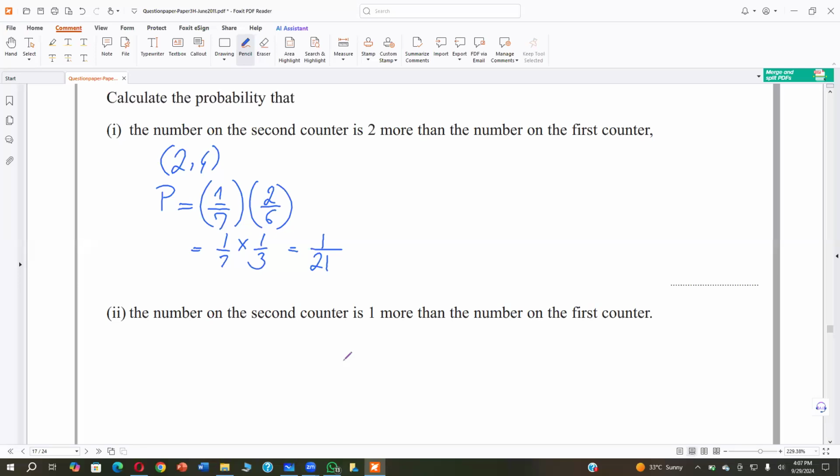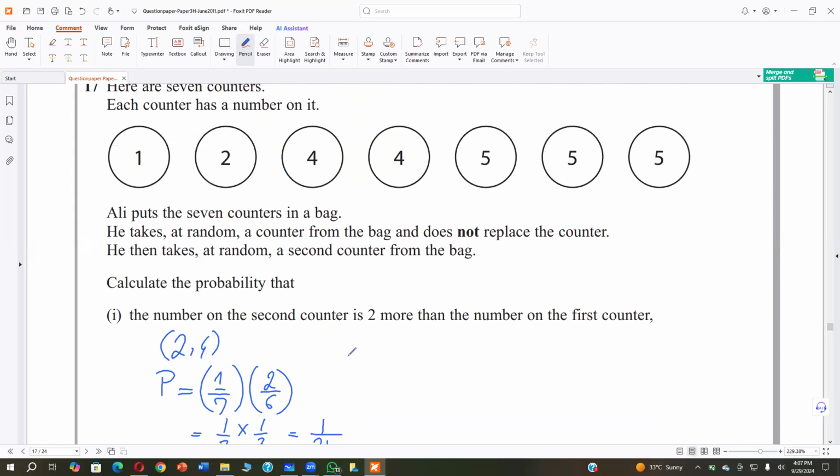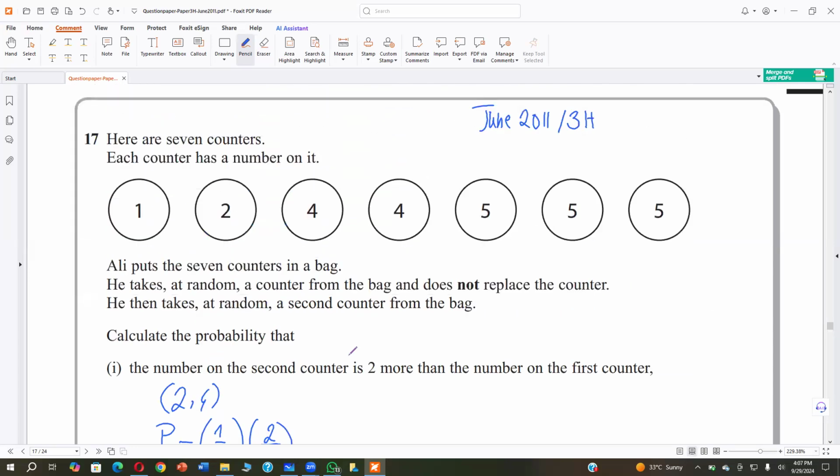The number on the second counter is 1 more than the number on the first counter. If the first counter is 1, 1 comma 2 can come.